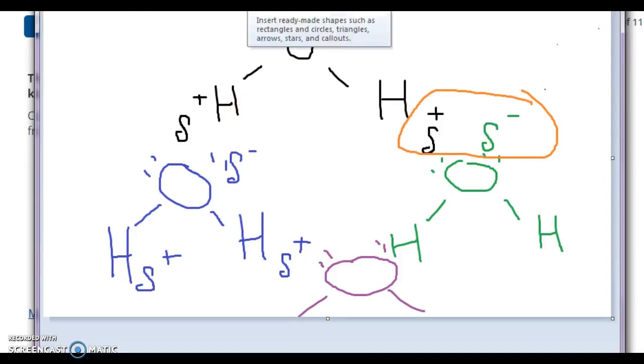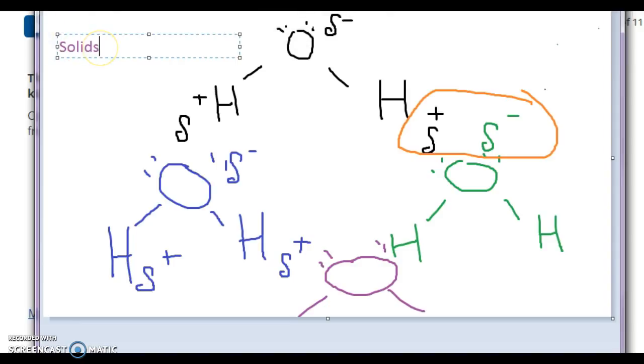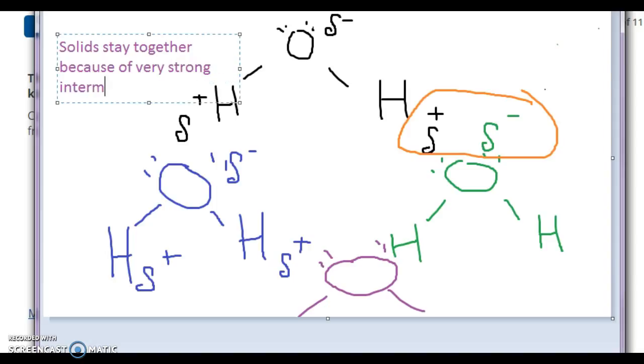If you're wondering how to write that in your notes, you would say: solids stay together because of very strong intermolecular forces and small kinetic energy.